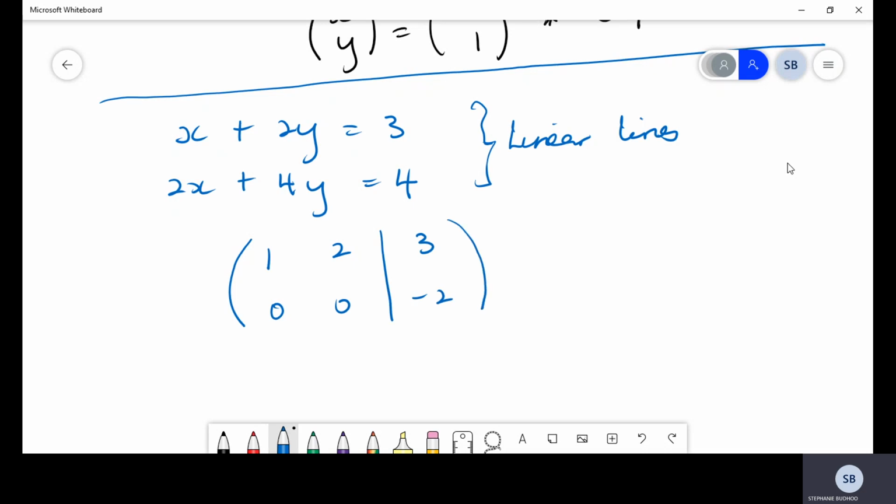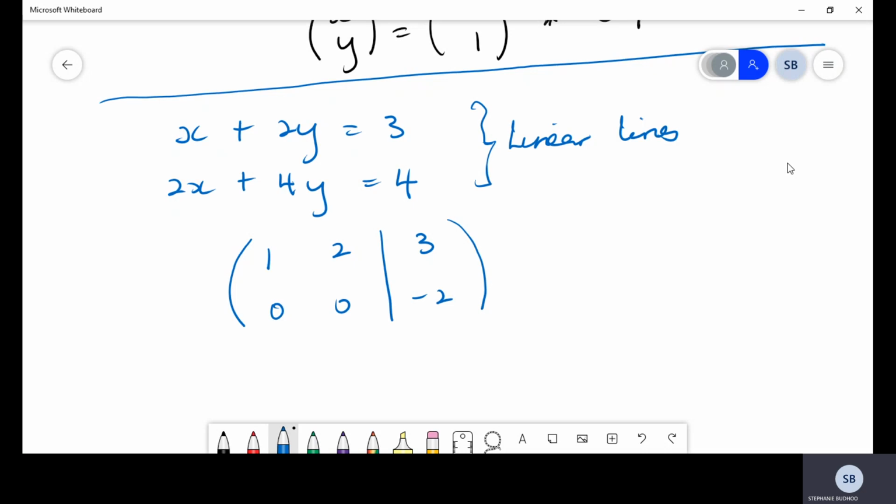Now remember, for this to be in identity matrix format, if you were trying to find the inverse, you would have wanted to get the 1, 0, 0, 1 form on your left.